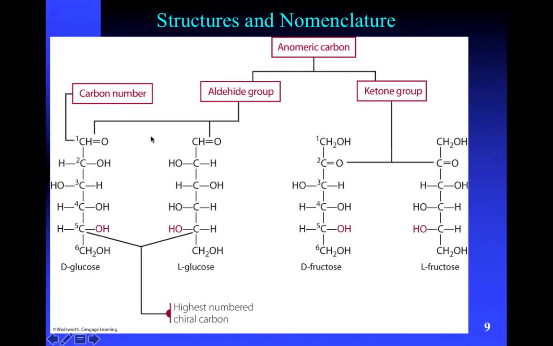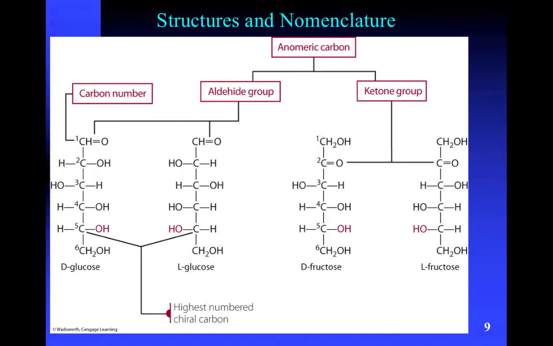But if we look at the D and the L, for example, on the D sequence here, you can see the hydroxyl group on carbon number 2 is to the right. Well, on L-glucose it is to the left. On number 3, the OH is to the left, and on the L, the OH group is to the right. In other words, each of these chemical groups are flipped to the opposite side. And what that does is cause them to rotate light in the opposite direction.